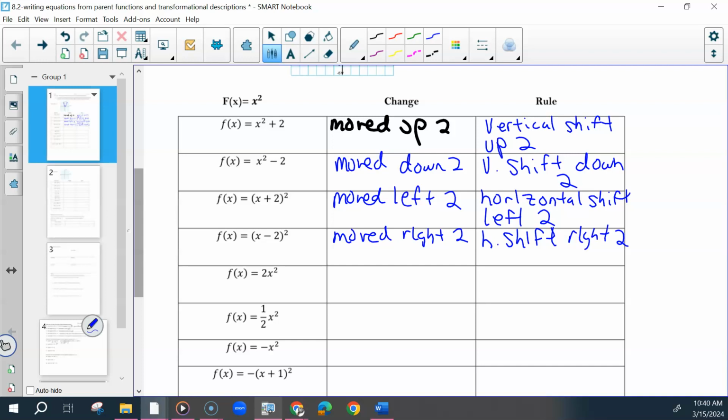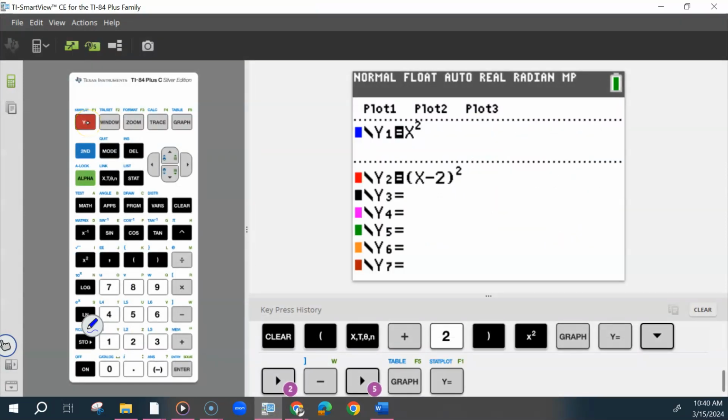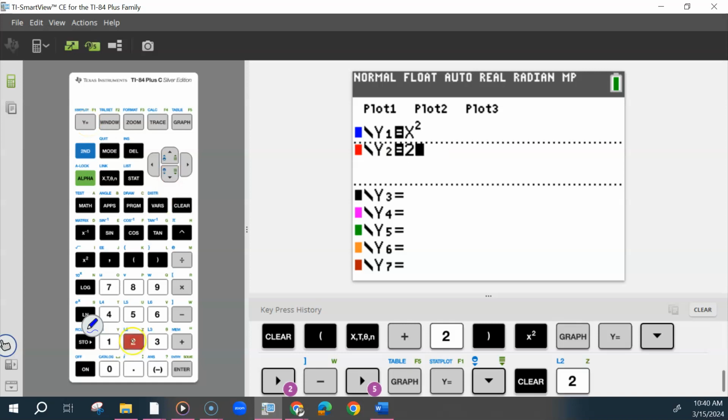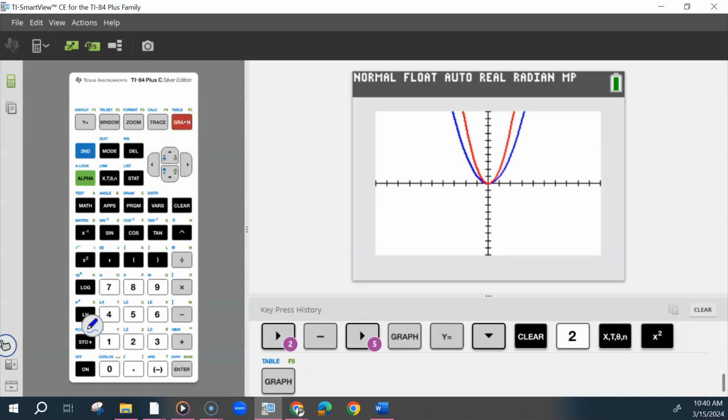Now let's type this 2x squared. And graph that and see what changed. Yeah, it got thinner.